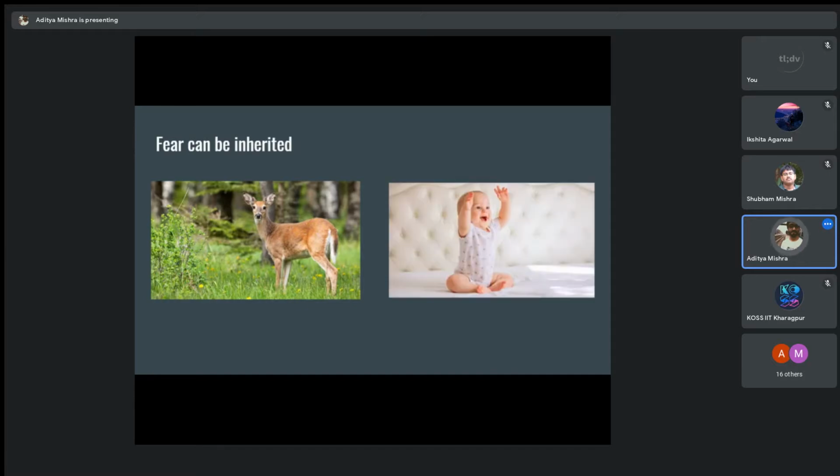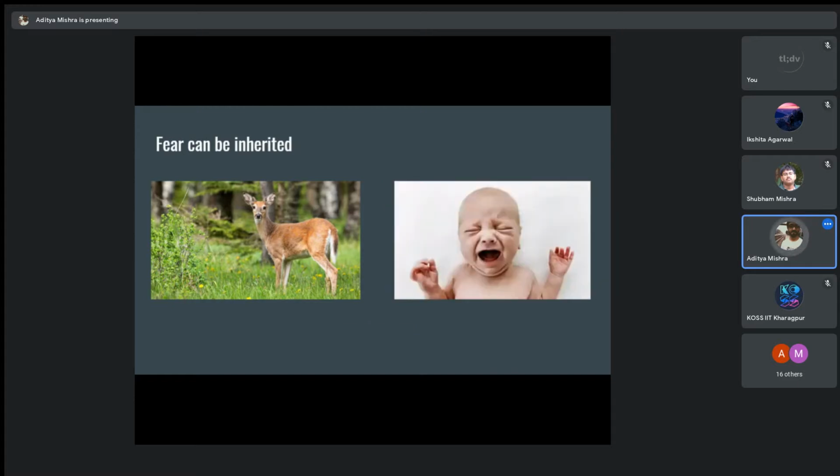Even a newborn baby can be distressed by various factors. These factors are called innate aversions. This feeling of distress is psychologically painful and causes the pilomotor reflex, also called piloerection, which is nothing but goosebumps.